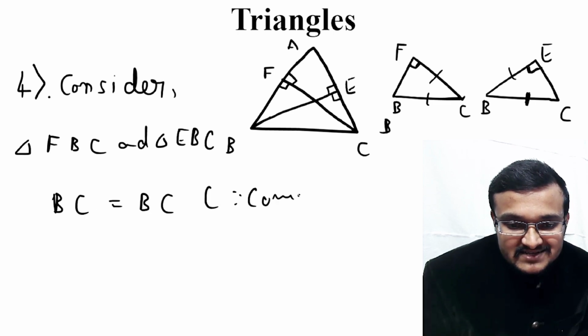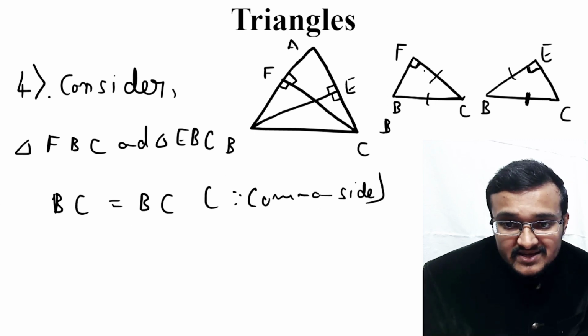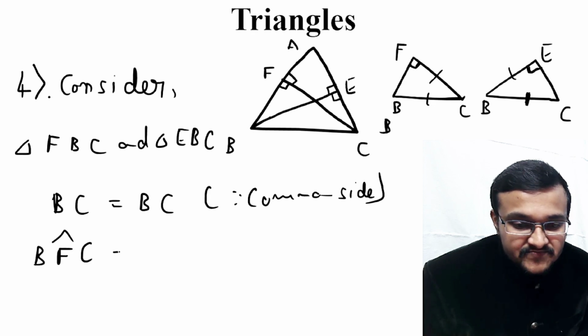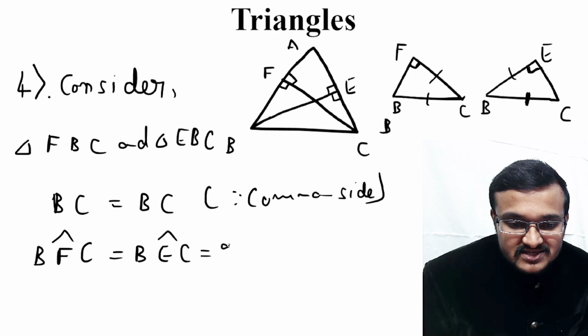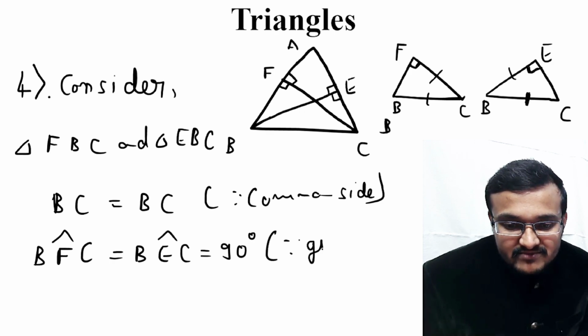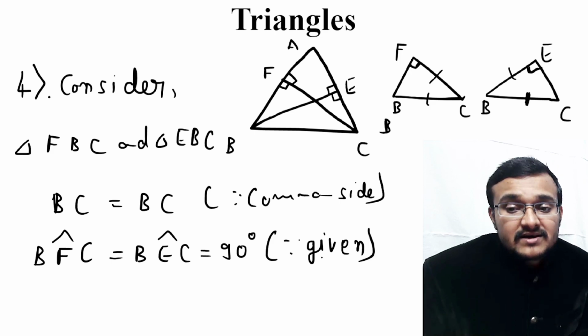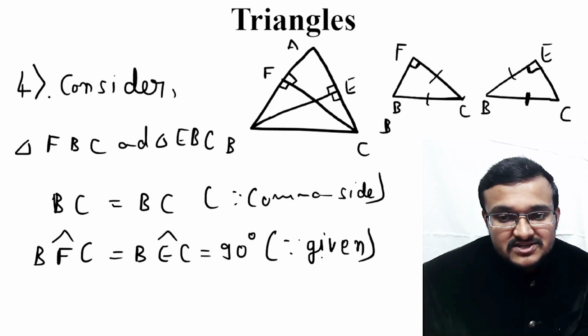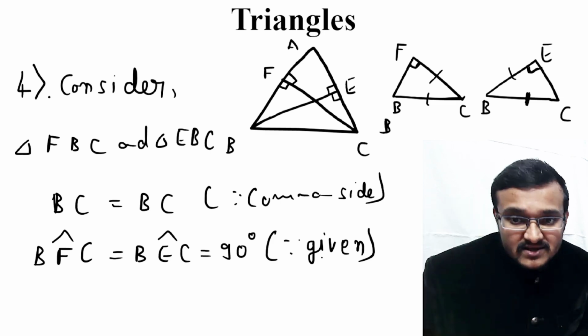This is because BC acts as the common side for both the triangles. And here one angle is equal to 90 degree, that is, BFC is equal to BEC, which is equal to 90 degree. This is already given because they have mentioned CF and BE are the altitudes. So that means this particular angle should be equal to 90 degree, that is, BFC and BEC should be equal to 90 degree.